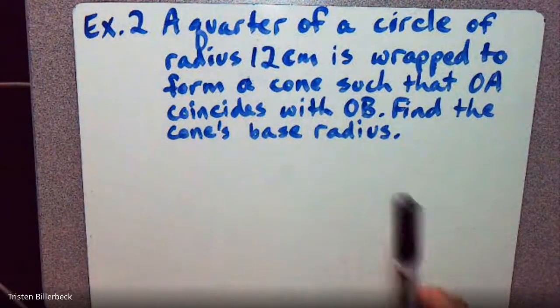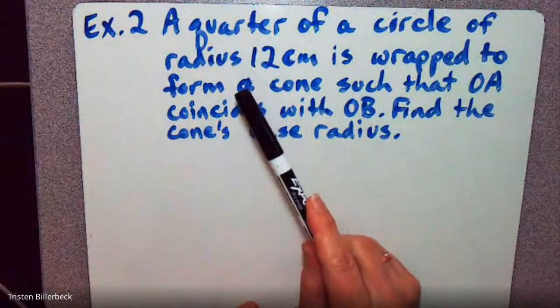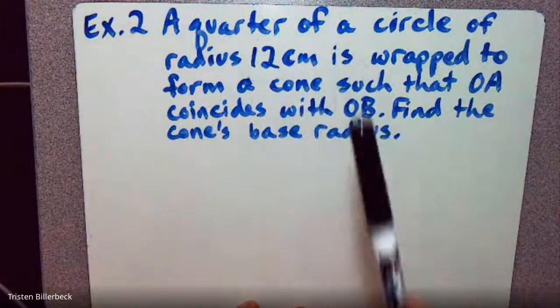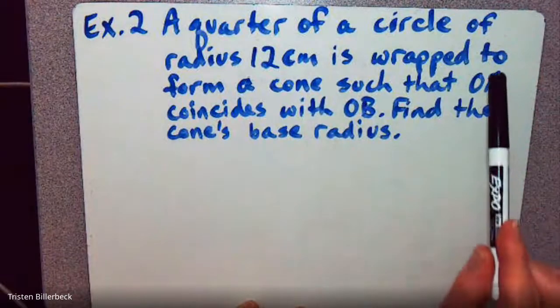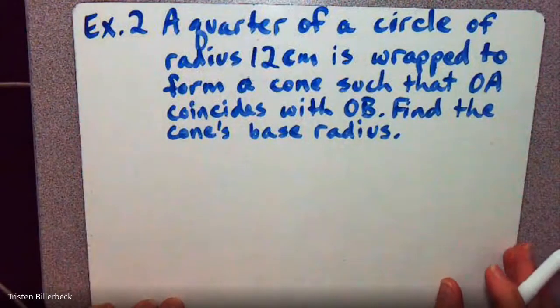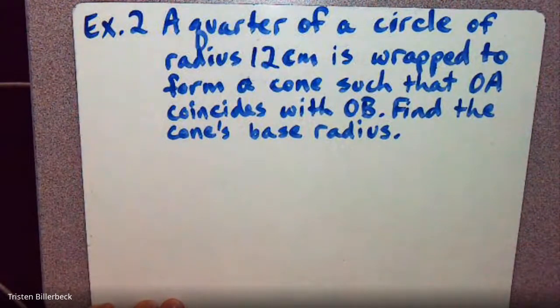Okay, so a quarter of a circle of a radius 12 centimeters is wrapped to form a cone such that OA coincides with OB. Ooh, well, like I said, a picture is worth 1,000 words, so let's draw what we're doing here.